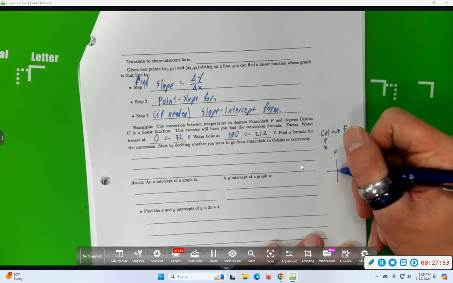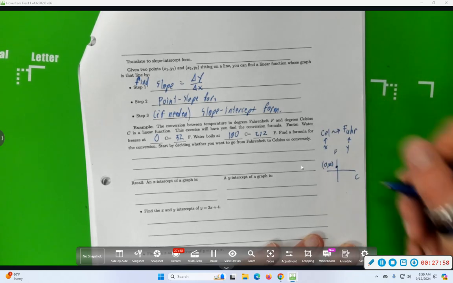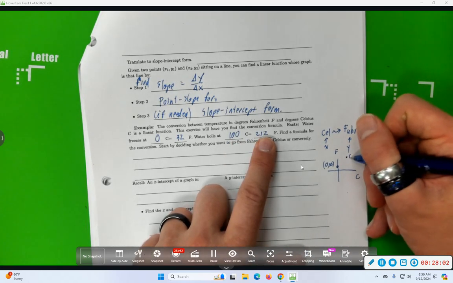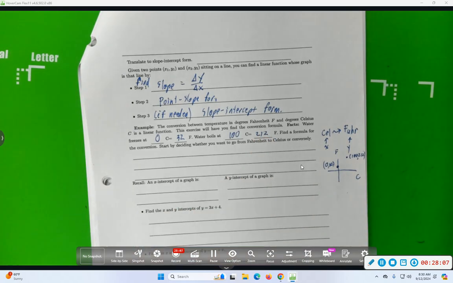So 0 Celsius corresponds to 32 Fahrenheit. I'm not going to worry about having a reasonable scale. 100 Celsius is 212 Fahrenheit. So I want an equation for the line that goes between those 2 points.